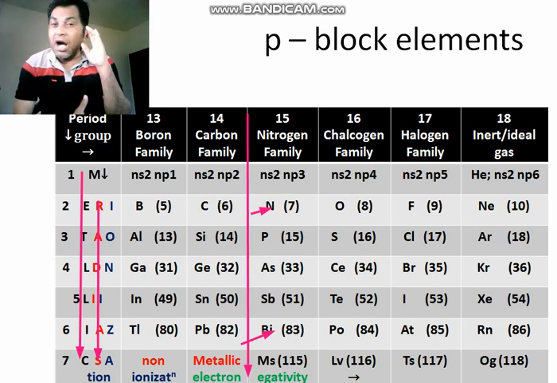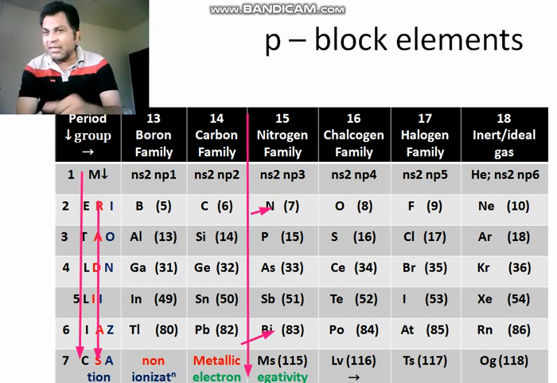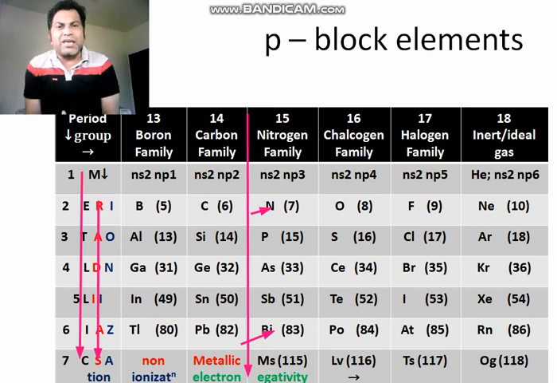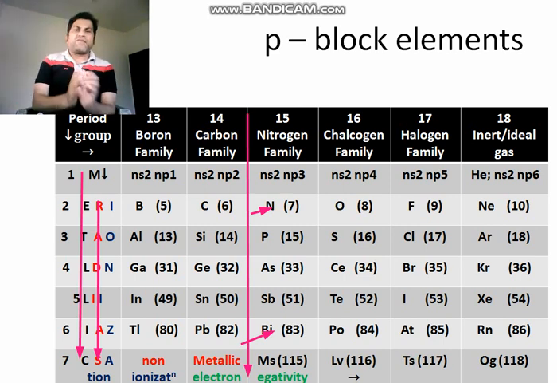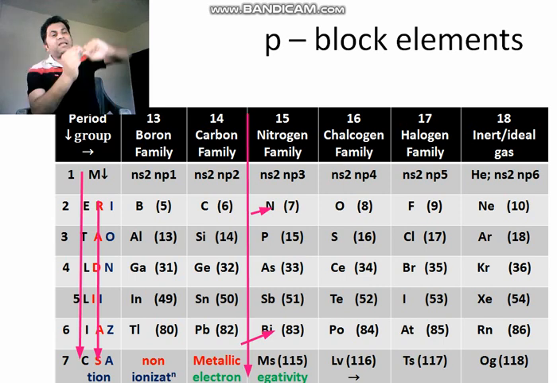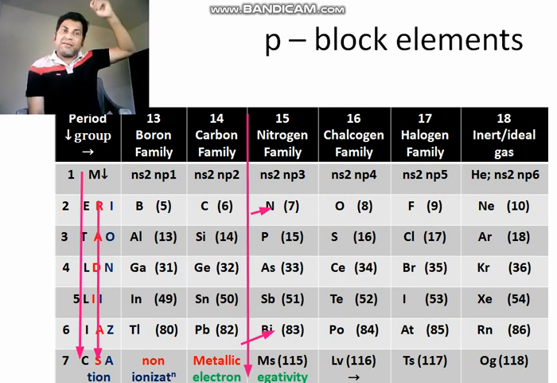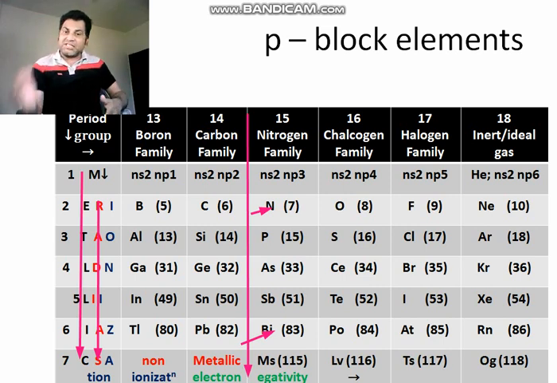Why does ionization enthalpy decrease? Because when we move top to bottom in a group, the size increases, and due to the increase of size, the outer electrons are farther from the center.